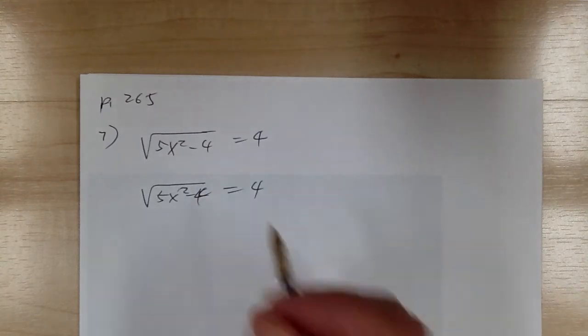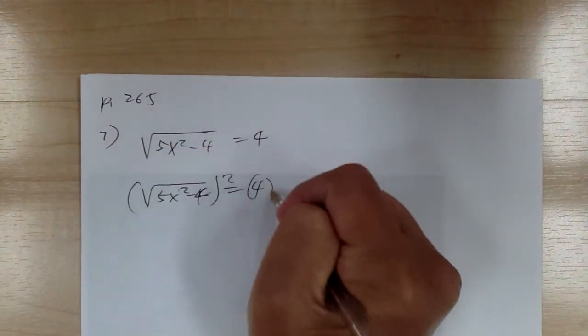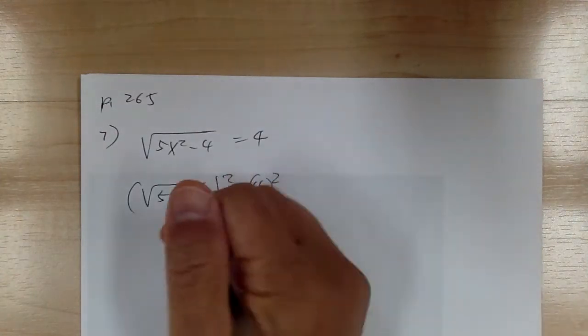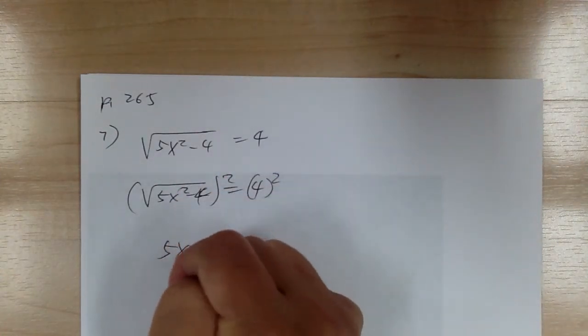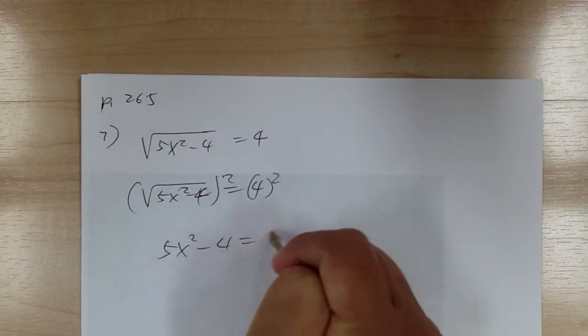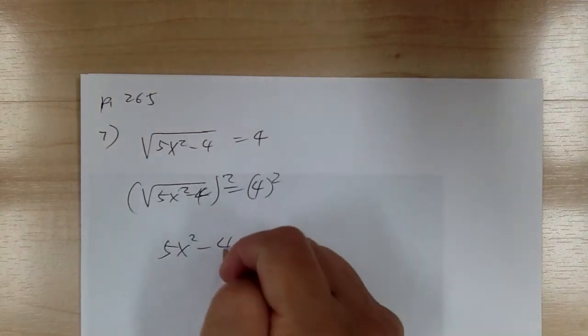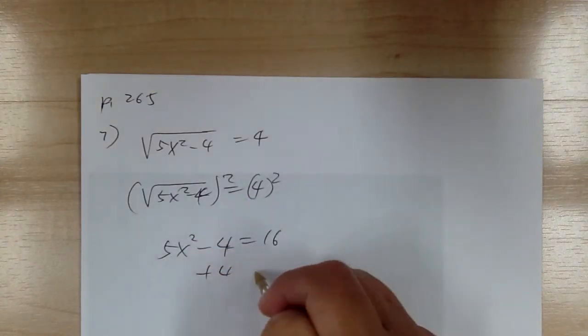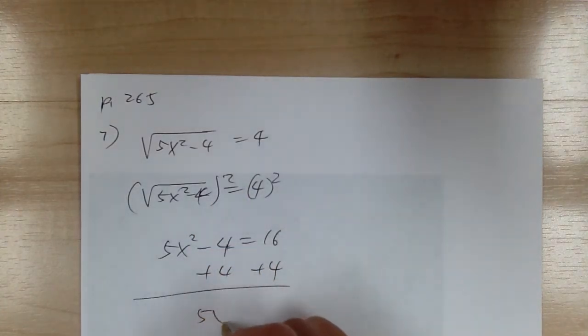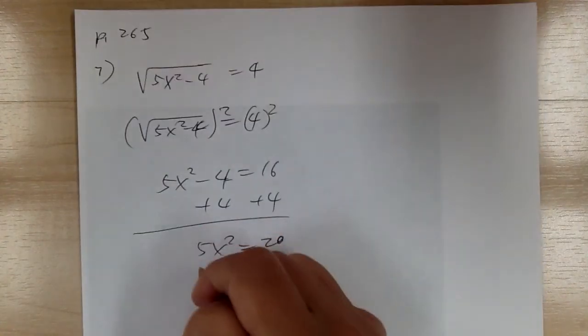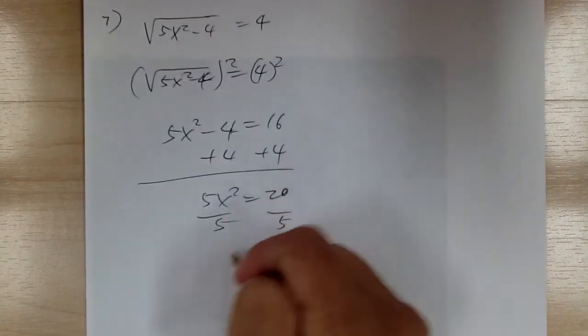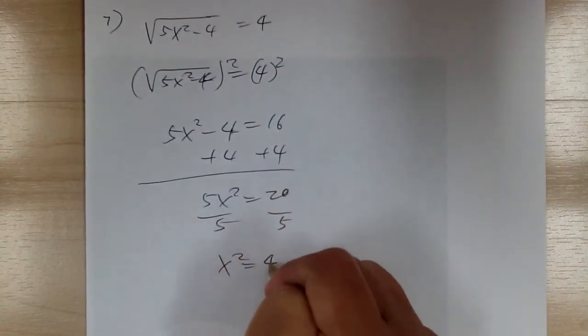Okay, and go ahead and square both sides. Okay, and then this goes out, so you got 5x squared minus 4 equal to 16. And then after that, go ahead and plus 4 on both sides. So you got 5x squared equal to 20. Divide by 5 on both sides. So you got x squared equal to 4.